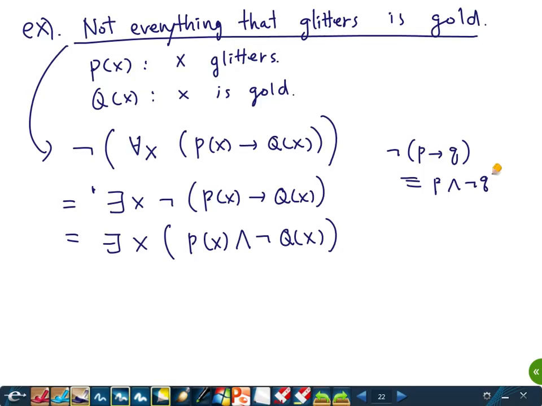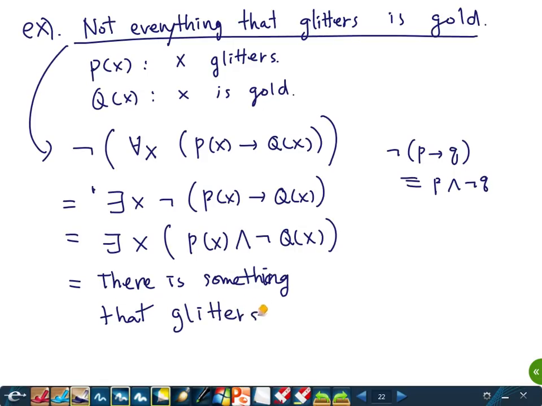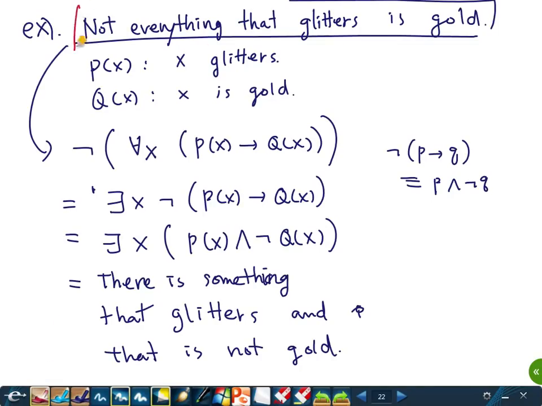All right. So what does this mean? In words, there is something that glitters and that is not gold. So this statement here is equivalent to this statement.